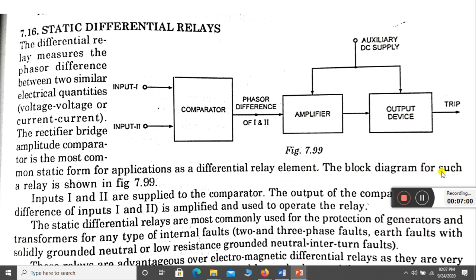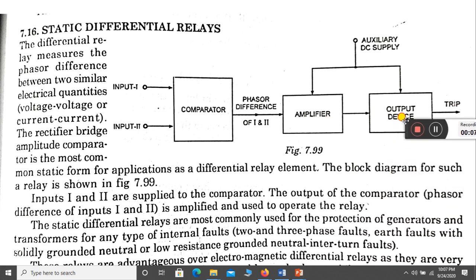The block diagram for such a relay is shown here in figure 7.99. When input 1 and input 2 are supplied to the comparator, the output of the comparator is the phasor difference of inputs 1 and 2.